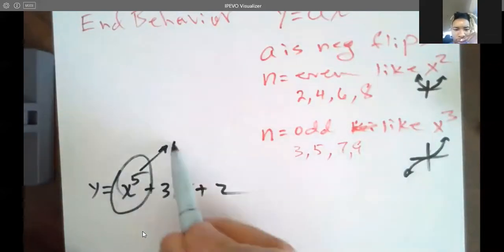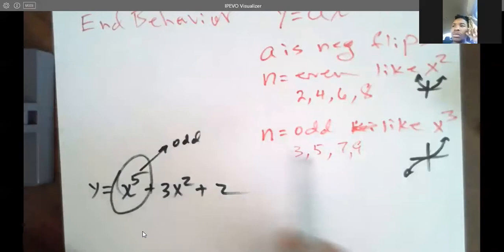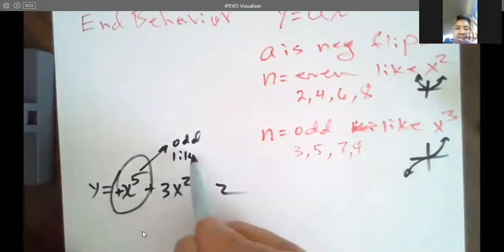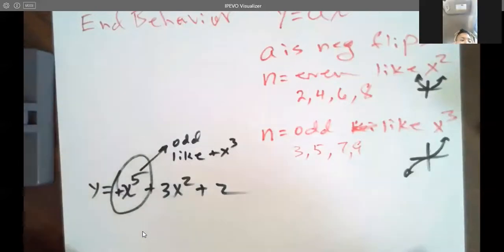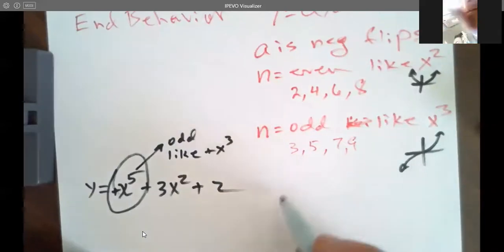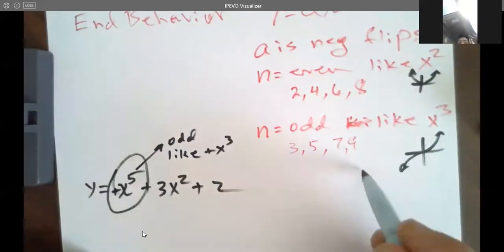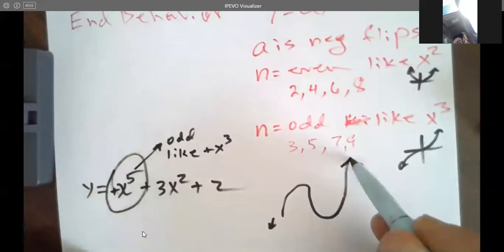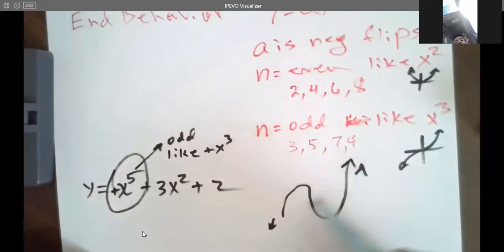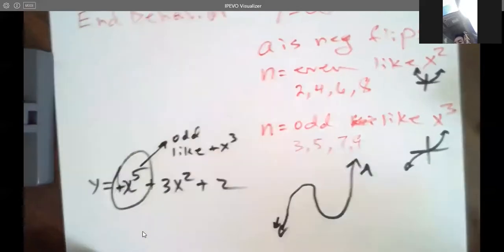Well, this is odd, and it's positive, so it's going to behave like a positive x cubed. It could snake around, but it's going to end up and to the right, down and to the left.